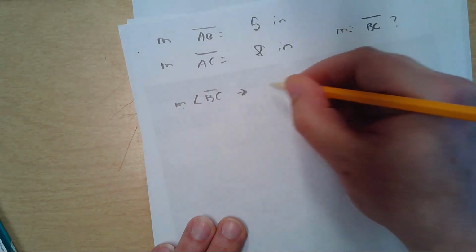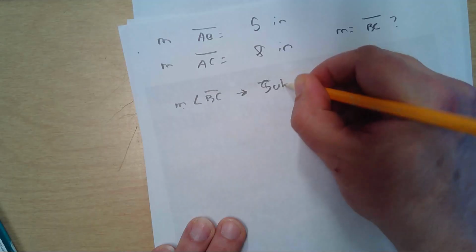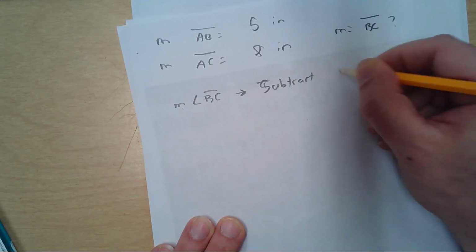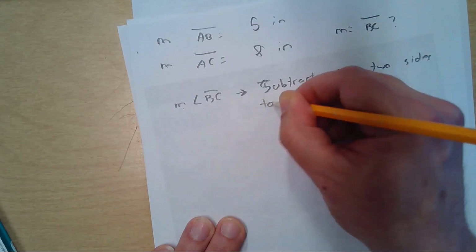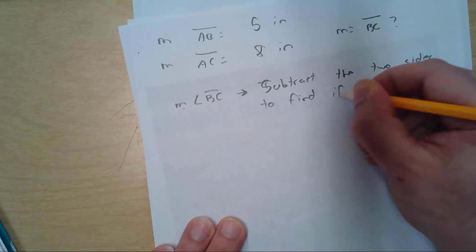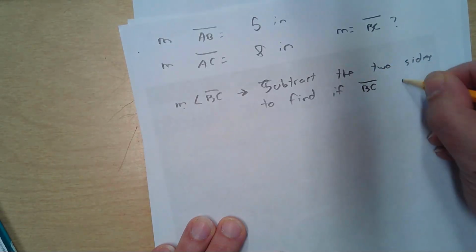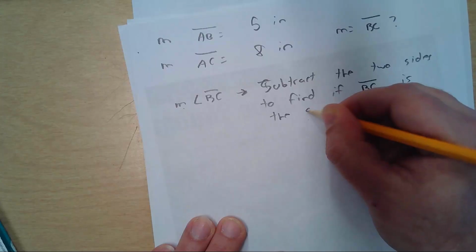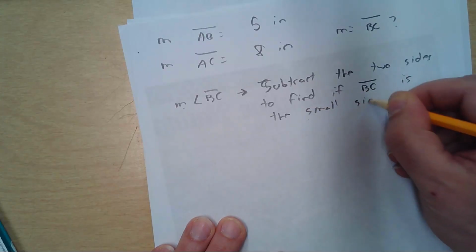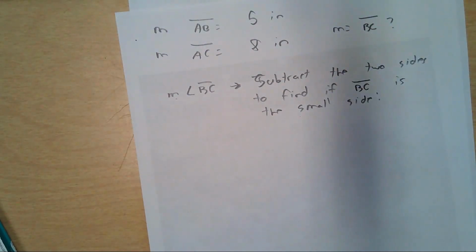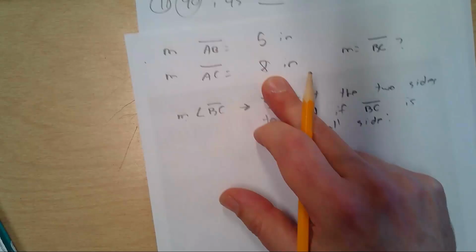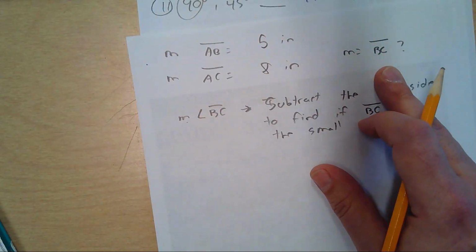Remember, two answers. So first, subtract the two sides to find if BC is the small side. In this case, I'm assuming this is the biggest side, this is the middle side, and BC is the tiny side.